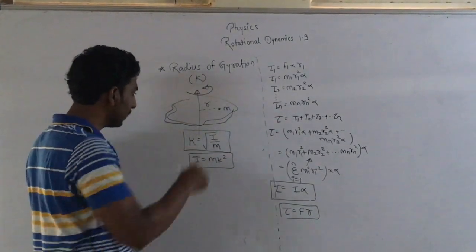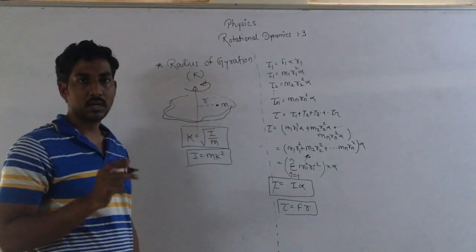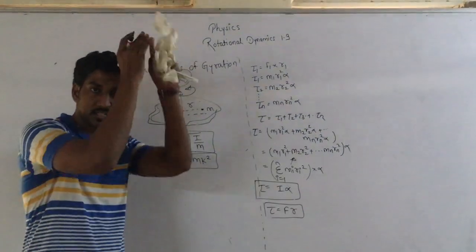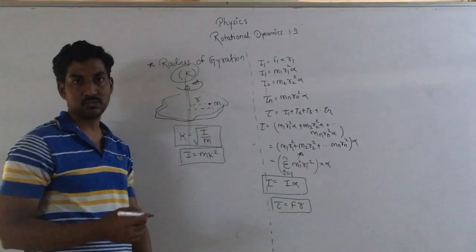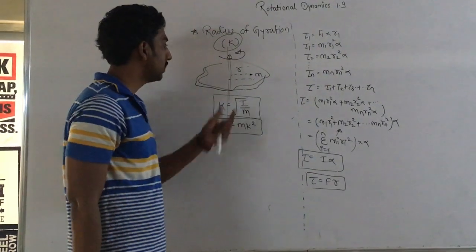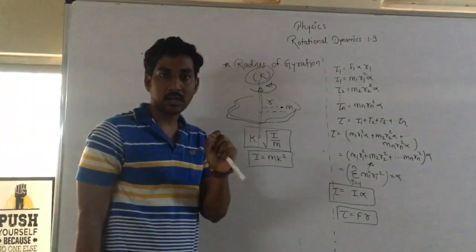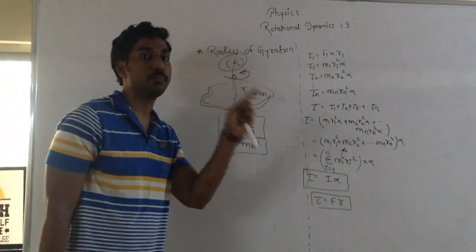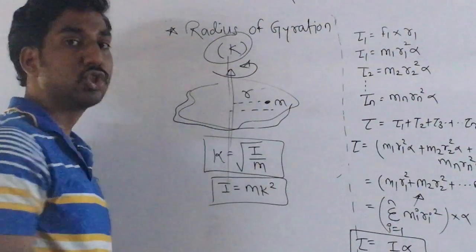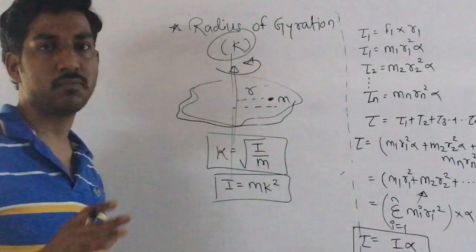So the definition: radius of gyration of a body is defined as the distance between the axis of rotation and the point where the total mass of the body is supposed to be concentrated, and which shows the same effective moment of inertia at the same axis of rotation.